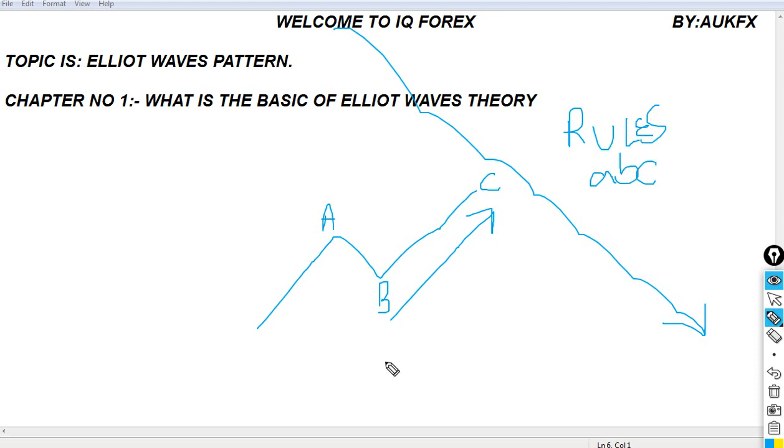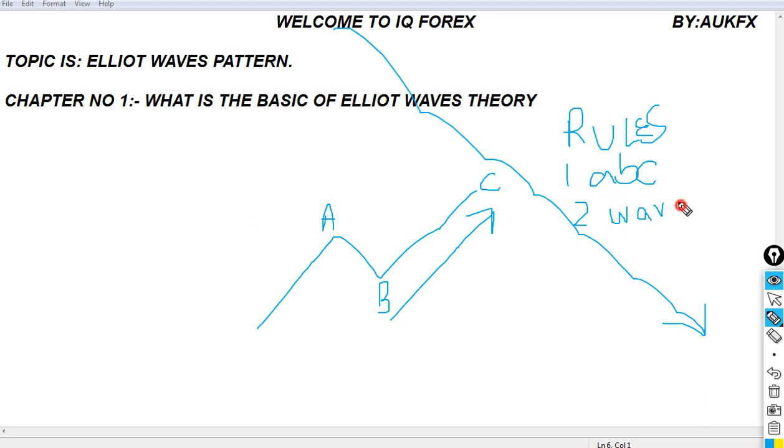So my way is I first open the chart, then I look into the chart and find only three waves, that is ABC. When I confirm them, how do I confirm them? This is my first part. Now the second part is waves in the waves.